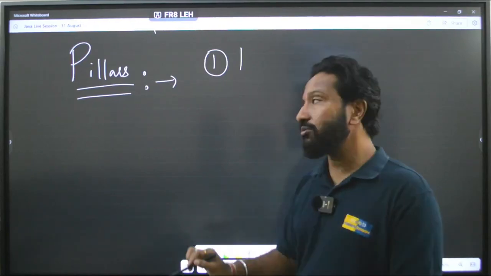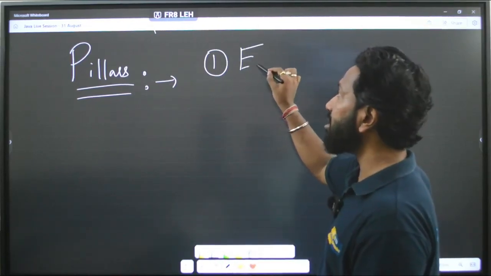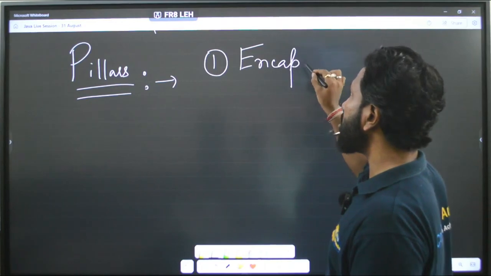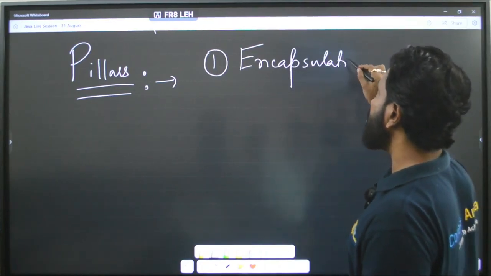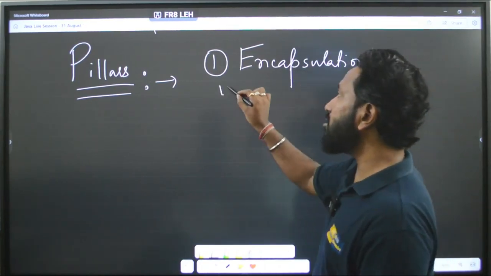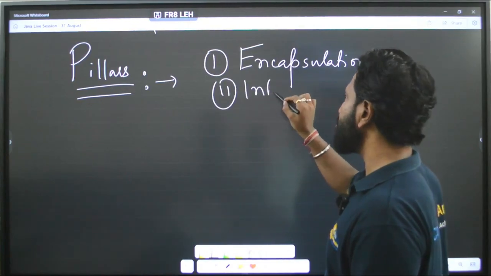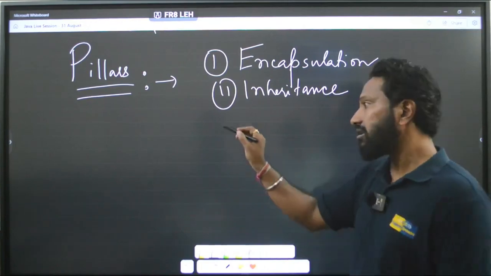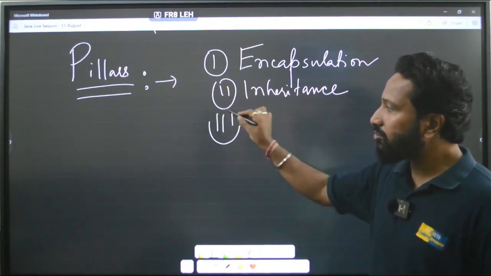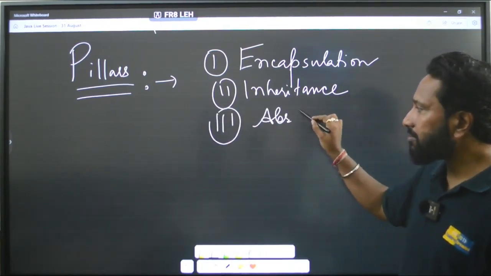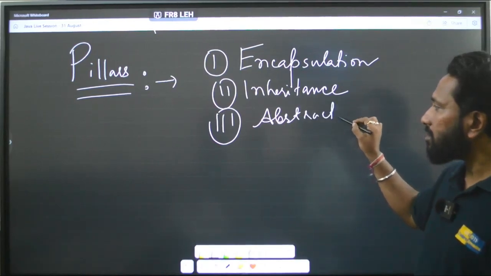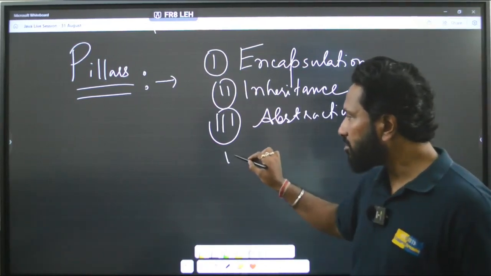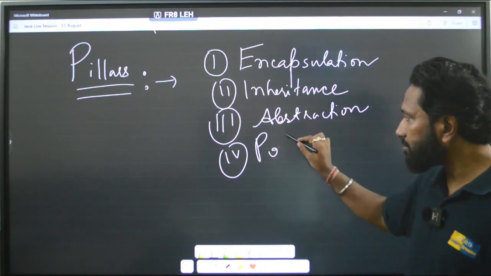Whenever you are learning the 4 pillars, always start with encapsulation. Then you can move on to inheritance. Okay. Then after this, you should move on to abstraction. And finally, you should go on to polymorphism.